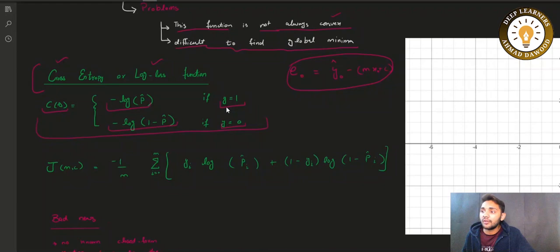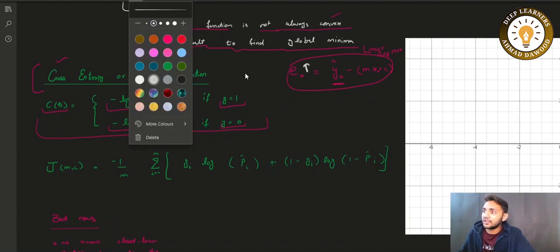I will explain it in a while. First, consider the case of the linear regressor: if your prediction is far away from your actual value, then your error will be high.